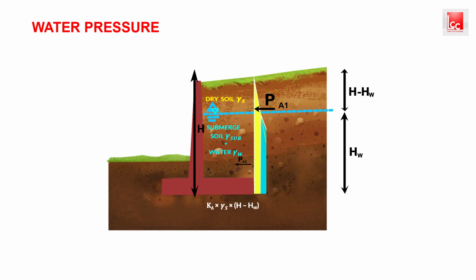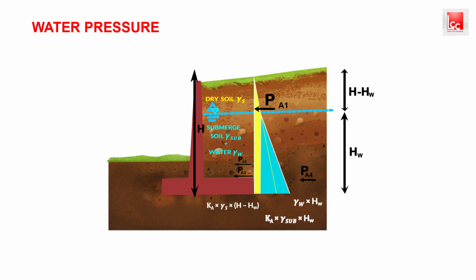Now let's talk about the submerged portion. Here the first pressure, let's call it PA3, will come from submerged soil and will have an intensity of Ka times the unit weight of submerged soil times the height of the submerged portion. The water pressure in this area, let's call it PA4, will have an intensity of the unit weight of water times the height of the submerged portion.